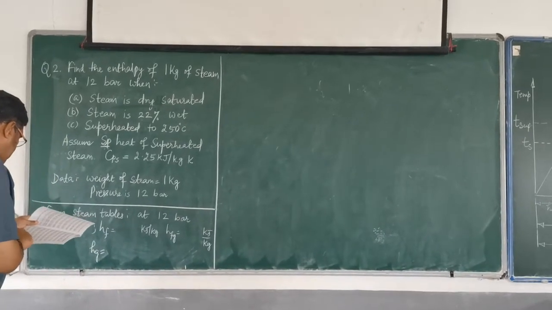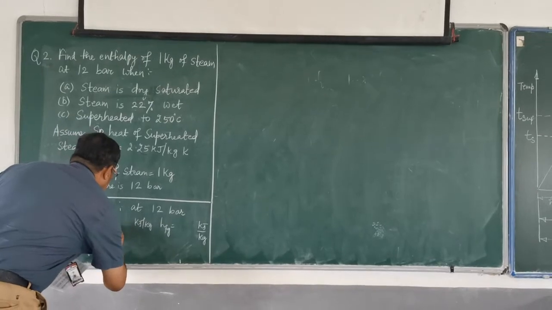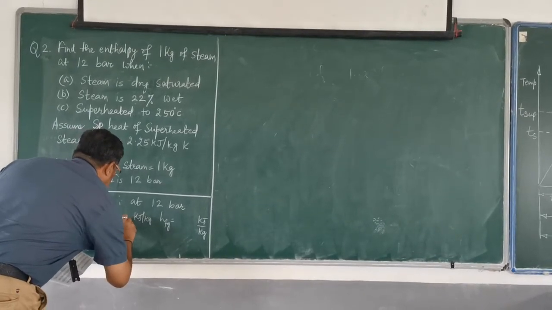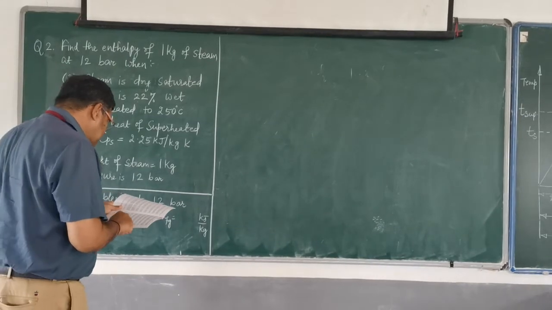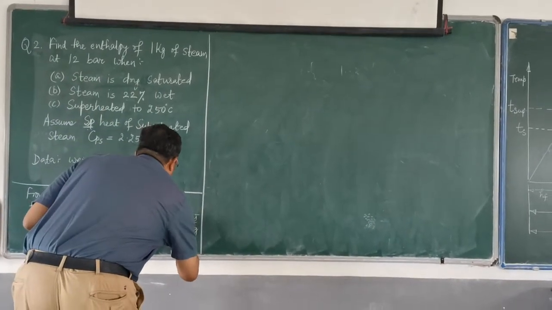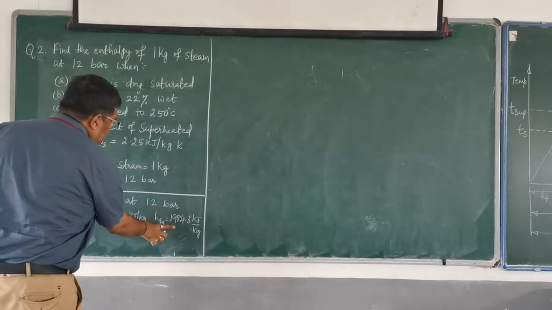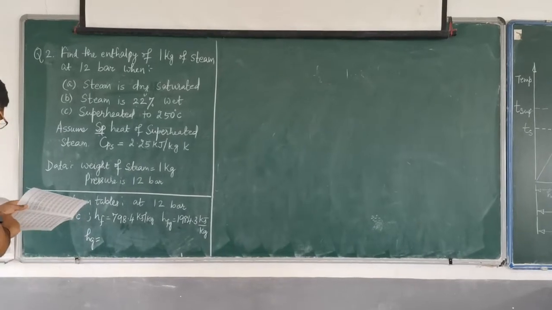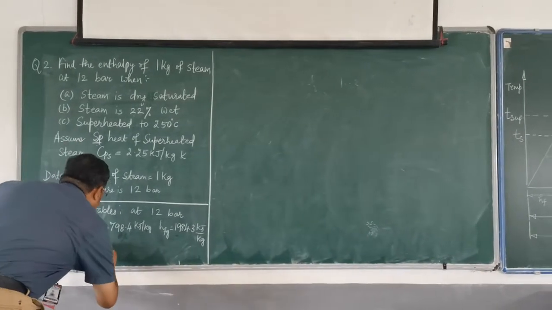Then the value of Hf is 798.4 kilojoules per kg. Then Hfg is 1984.3, and the addition of these two, which is nothing but Hg, is 2782.7.